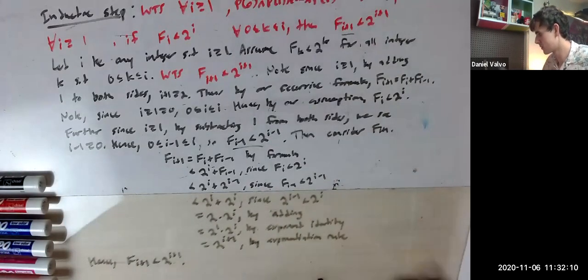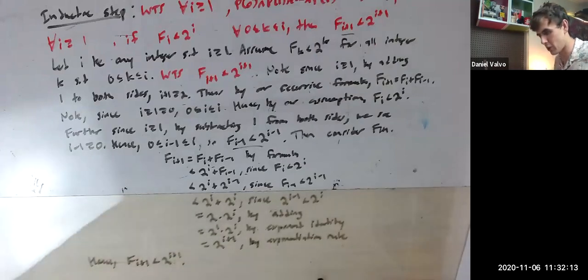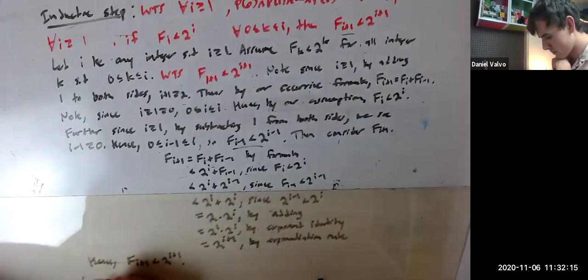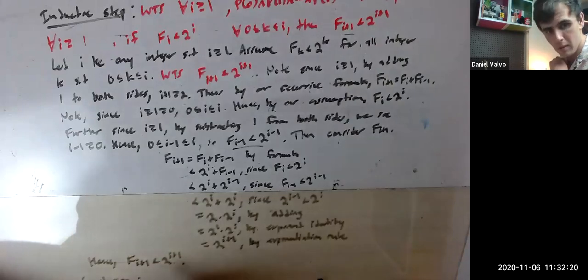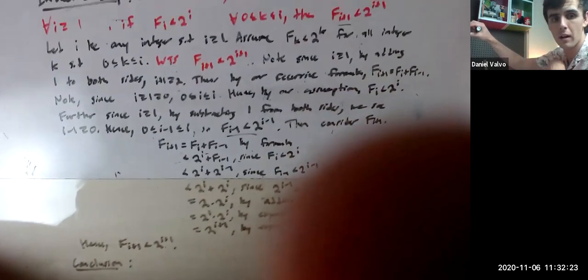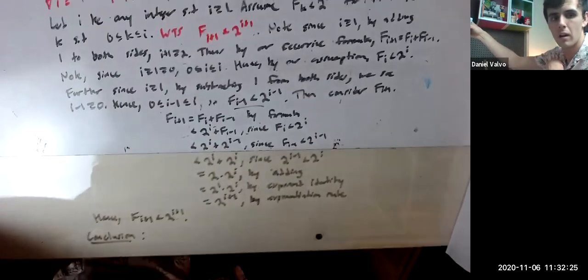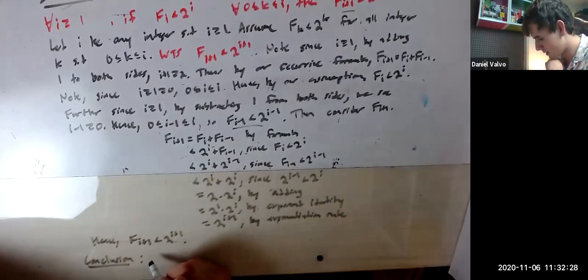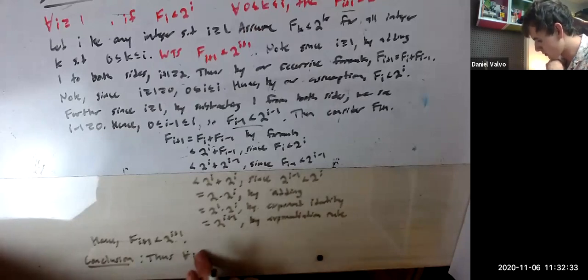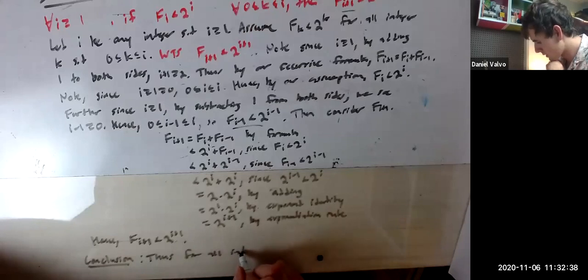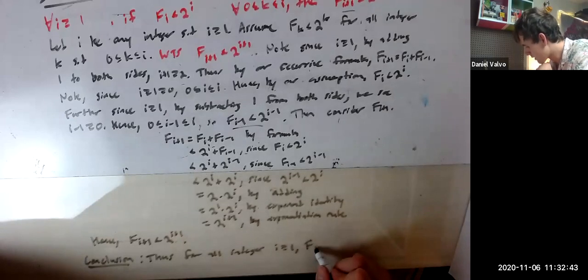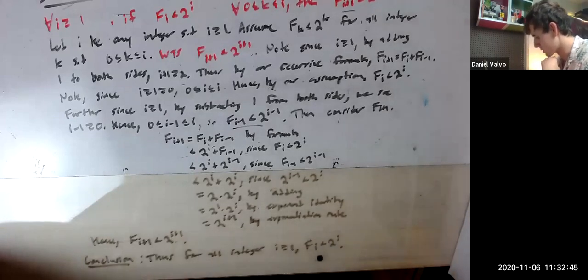Or actually, the conclusion first. The conclusion says, thus for all integer i greater than or equal to 1, f of i is less than 2 to the i.